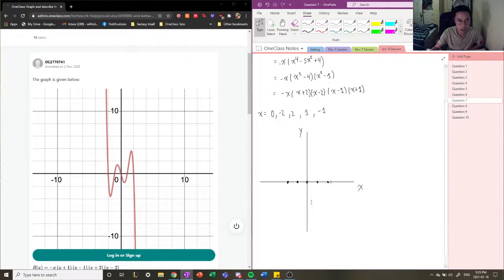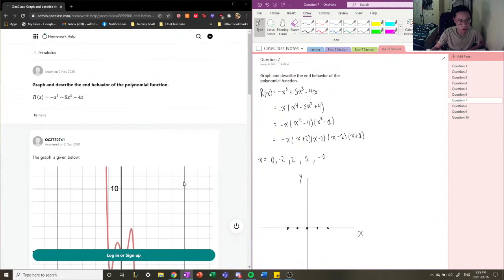Okay, so to do that, all you really need to do is plug a huge number into your original function. In this case, I'm just going to plug in infinity, the concept of infinity, into our function to see whether or not our function is approaching infinity or negative infinity.